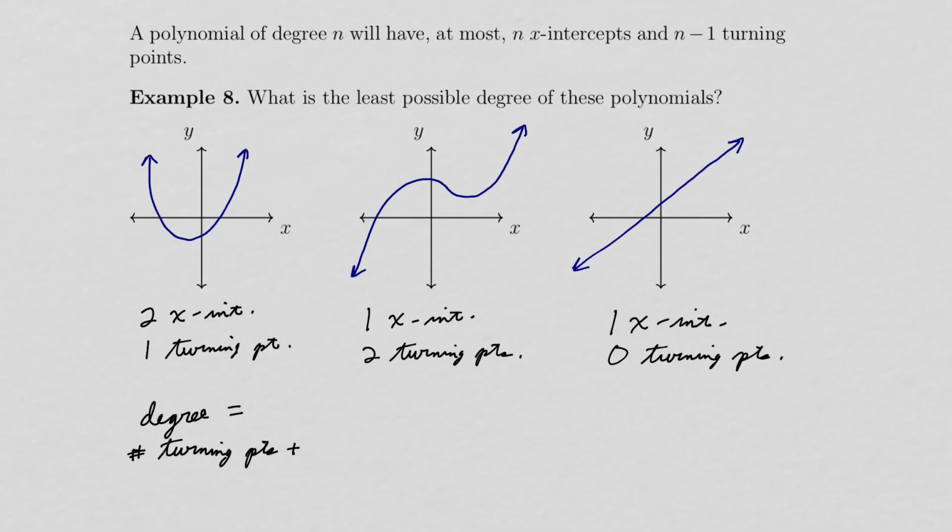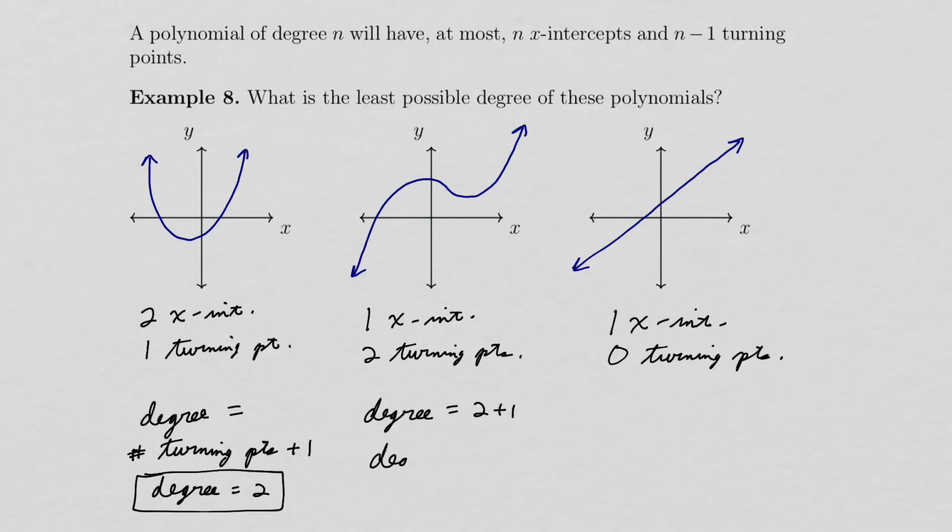So in this case, the degree would equal 2. What about the second one? Well, it has 2 turning points, so the degree is going to be 2 turning points plus 1. The degree will be a third degree polynomial.